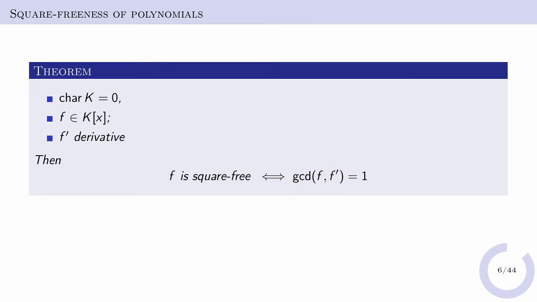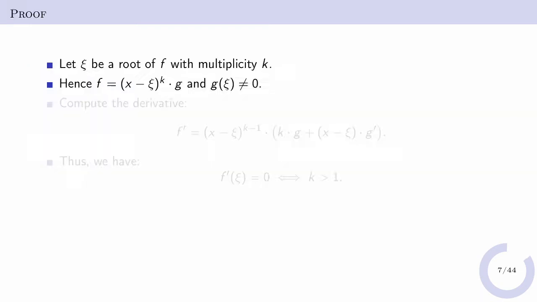So let's see the proof of this theorem. The proof of this theorem will depend on a kind of lemma or condition. So we'll assume that xi is a root of f of multiplicity k. k can be 1, so it can be a simple root, or k can be greater than 1, so it can be a non-simple root.